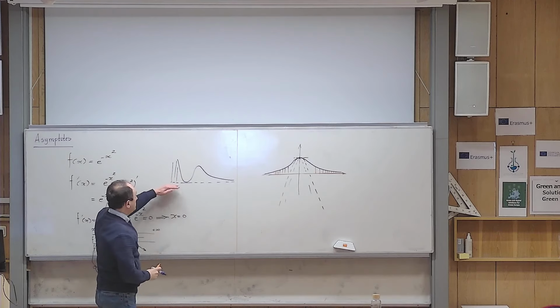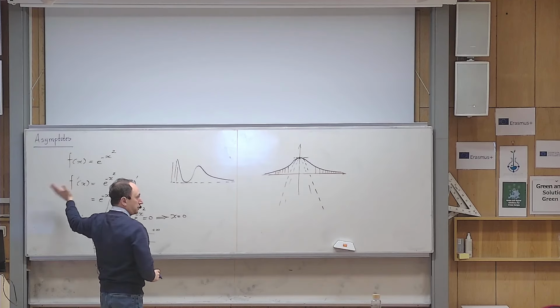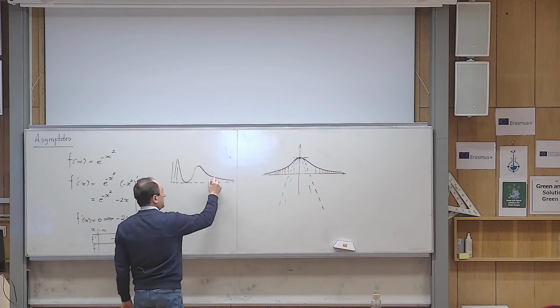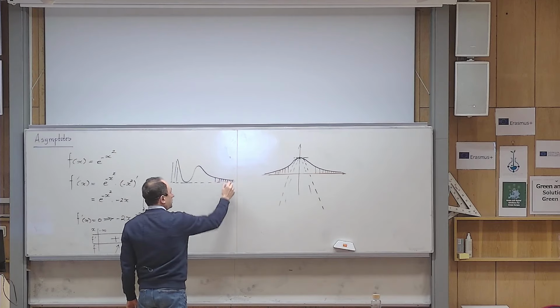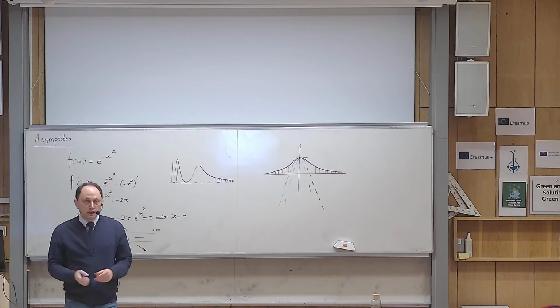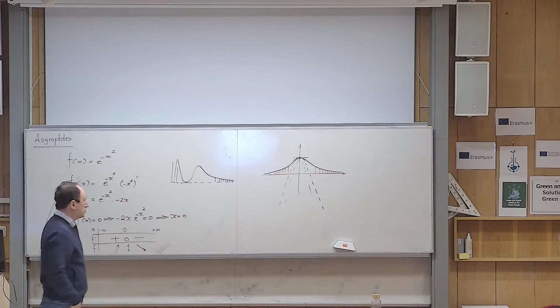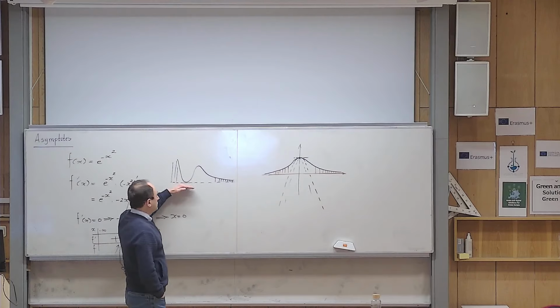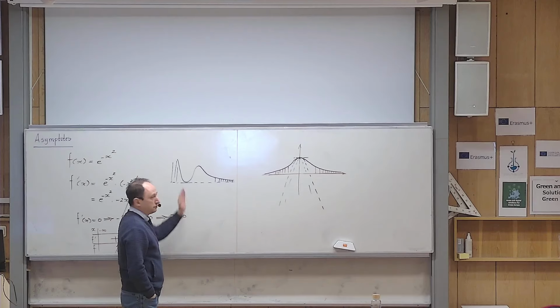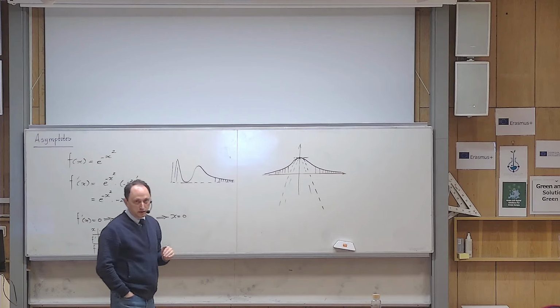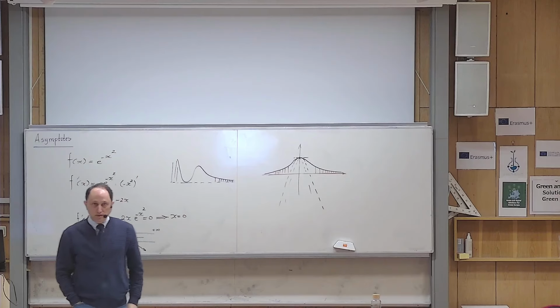So this cannot play the role of the asymptote of my function on the left part, but it is still playing the role of the asymptote on the right. So this feeling I want you to understand is called asymptotic behavior. And it doesn't matter if this line is horizontal, vertical, or oblique. But all of them, we need to understand separately.